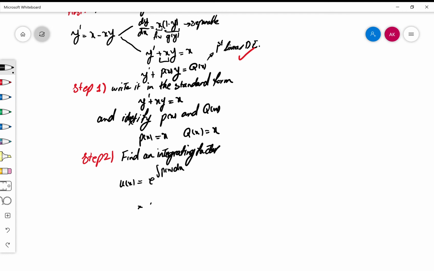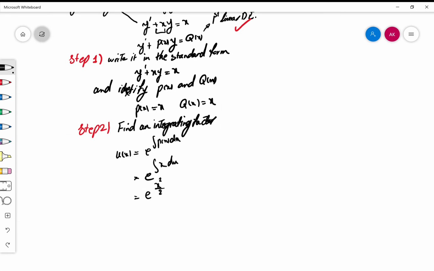This means that I have e to the power integral of x dx, and we know that the integral of x is x squared over 2. That's it. So we have the integrating factor here. Let me put it in the box.